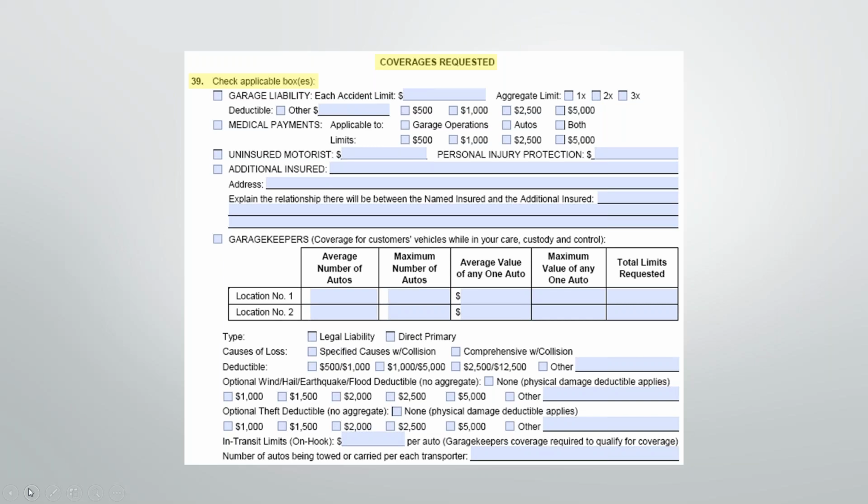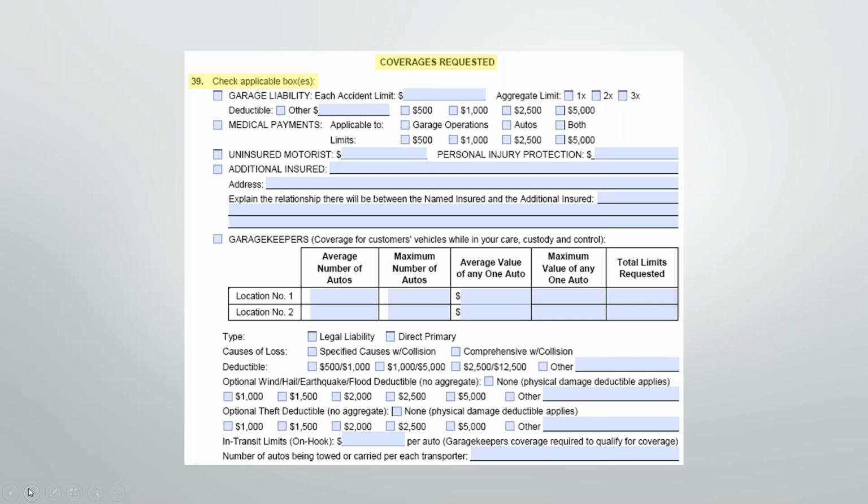So you always want to try to get direct primary, because that's going to have more broad coverage, and it applies regardless of negligence. So anything that happens to that vehicle while it's in the business owner's care, custody, and control, there's going to be coverage. So try to get that direct primary if you can. And then it goes into deductibles, causes of loss, specified causes of loss.